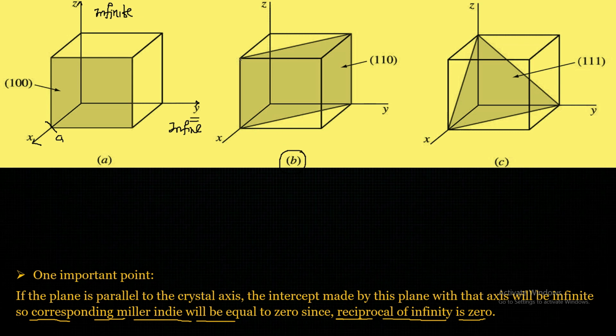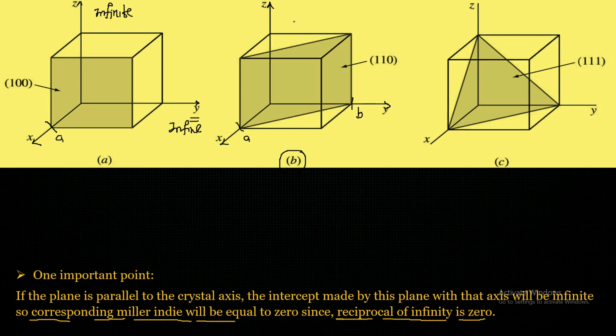In figure B, we observe that the shaded plane cuts at a along the x-axis and also cuts at b along the y-axis. But the plane is parallel along the z-axis.